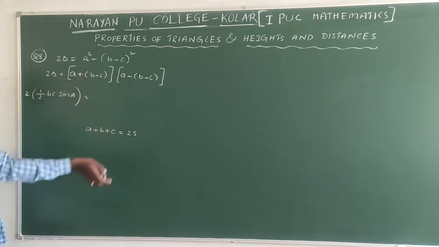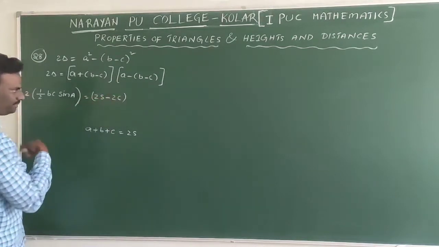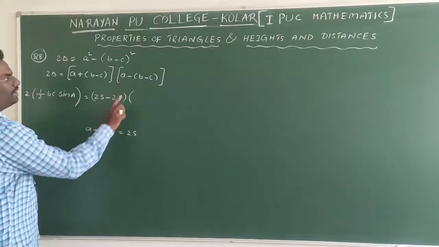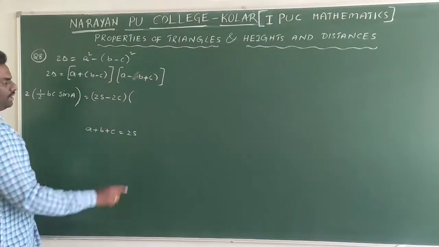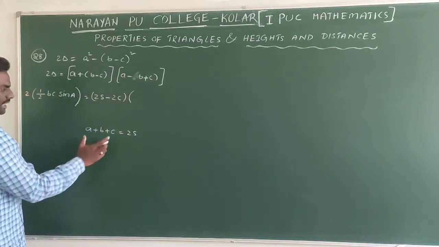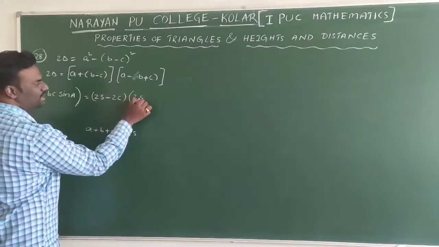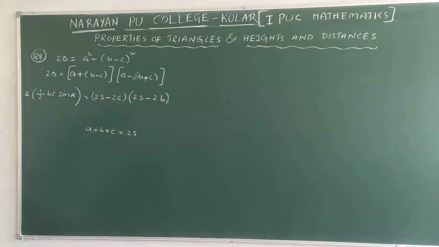Here it is nothing but 2s minus 2c you will get. Next here, a minus b plus c. In place of a plus c, I can write 2s minus b. 2s minus b, that is nothing but 2s minus 2b.